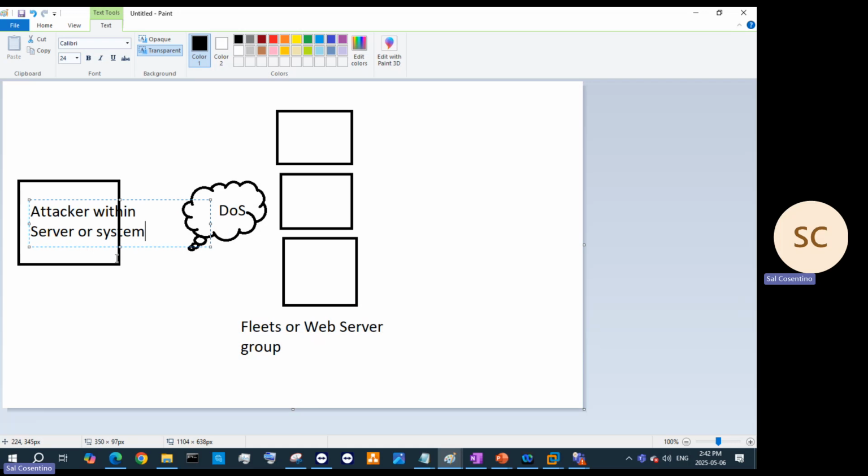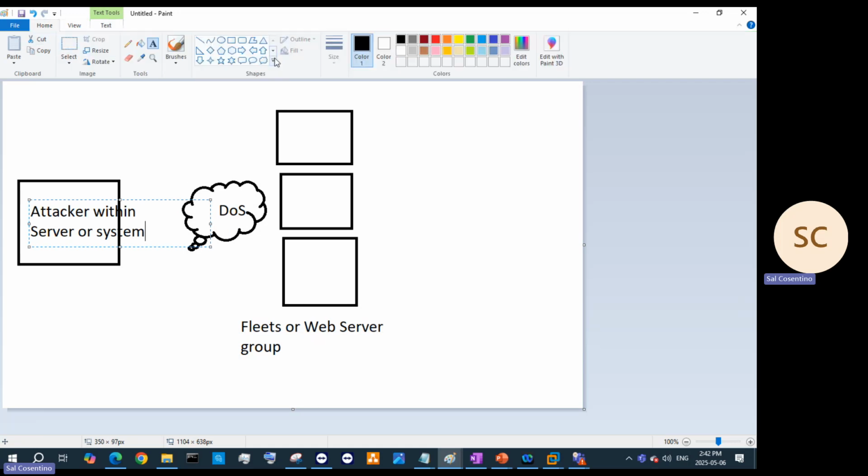When we talk about the DDoS and our fleets, on the opposite end of our fleet and our servers, we talk about our DDoS, our denial of service.